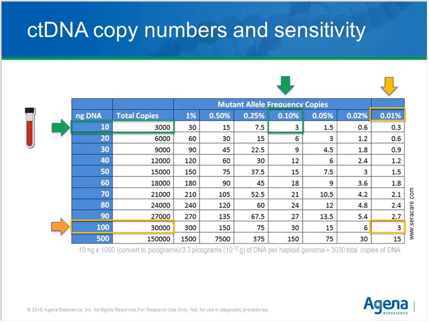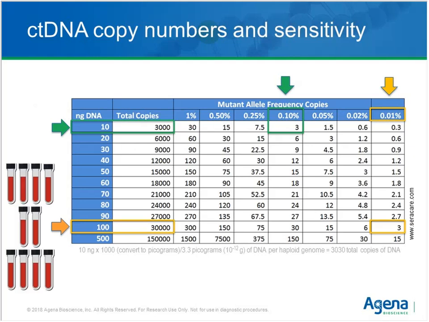A sensitivity of 0.01%, for instance, means being able to detect a low number of mutant molecules, in this example 3 mutant molecules, diluted in 30,000 total molecules of DNA. That would require 100 nanograms of input DNA, and that certainly cannot be achieved from a single blood draw. It would require multiple, in this case 10, blood draws, which is probably not very practical and realistic in the clinic.